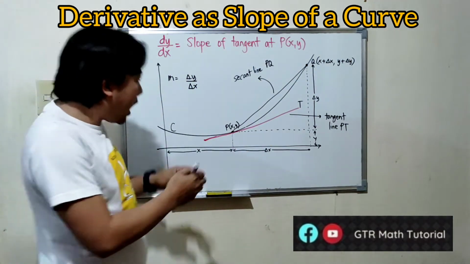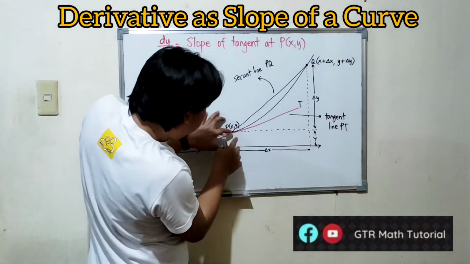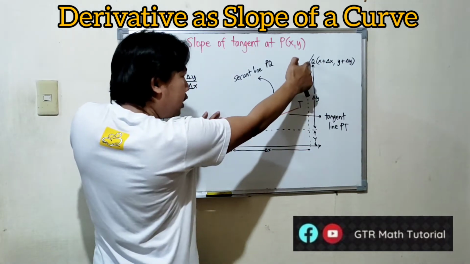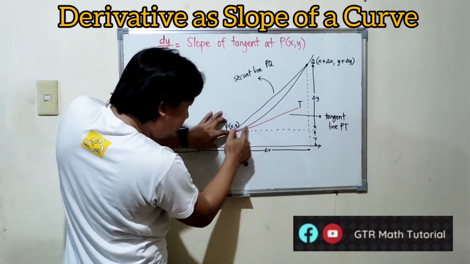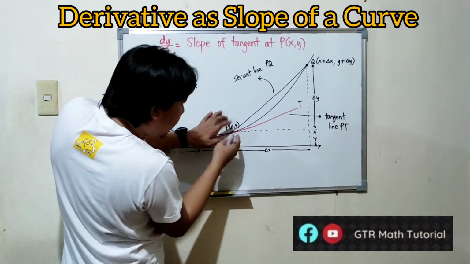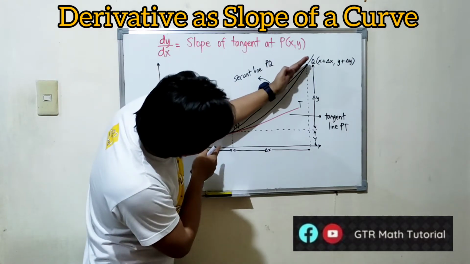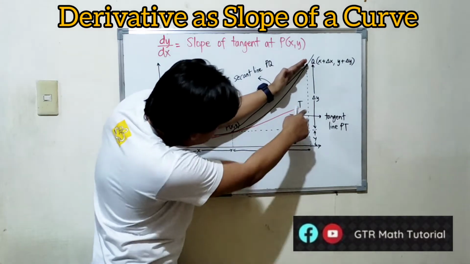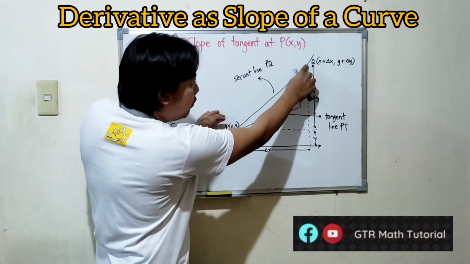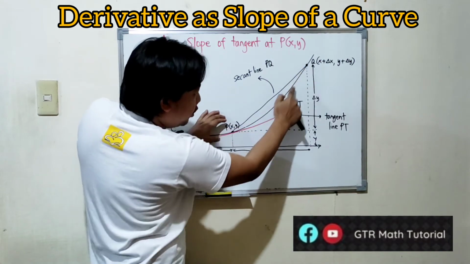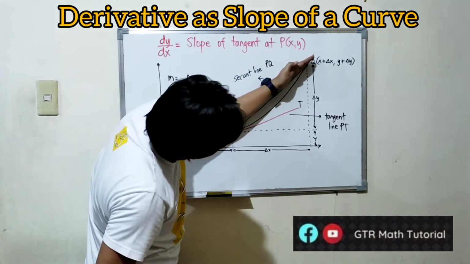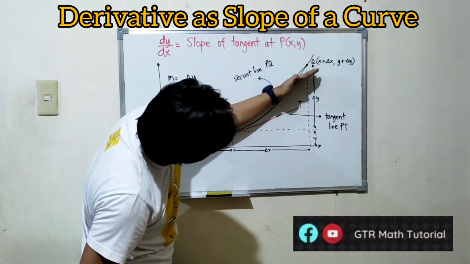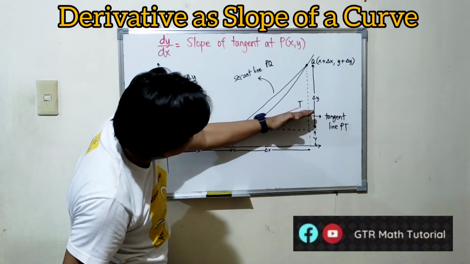So, if we fix the point P and we move the point Q along the curve to the point P, then this line will approach the tangent line. So for example, if the point Q is in this point, the secant line will approach the tangent line.